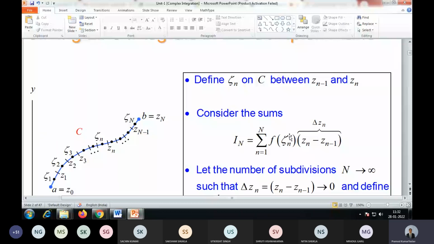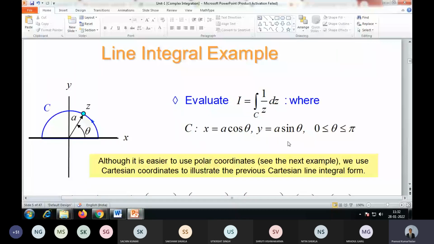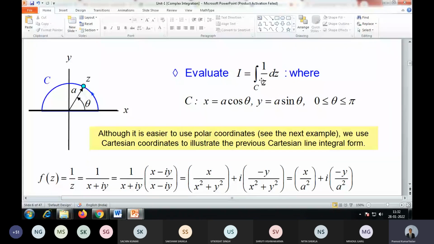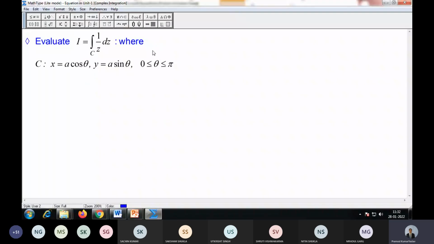So you may solve the problem directly because theta varies from 0 to pi. So you may see, I'm discussing here, we need to integrate this one. So you may go like this one directly.